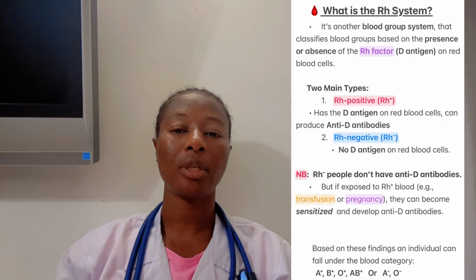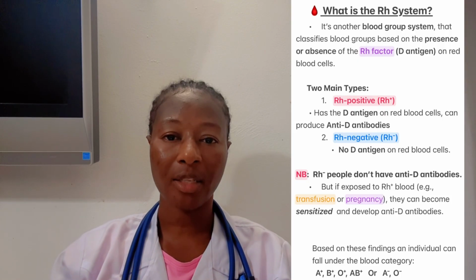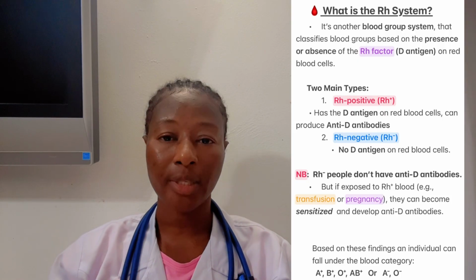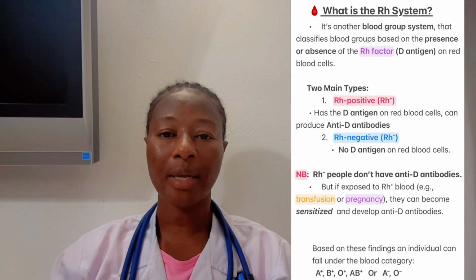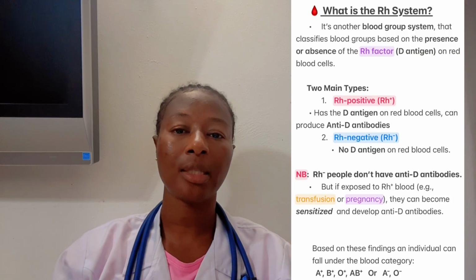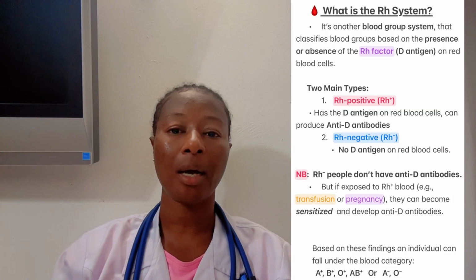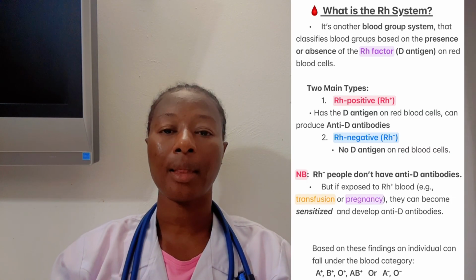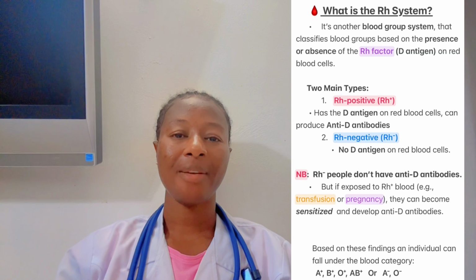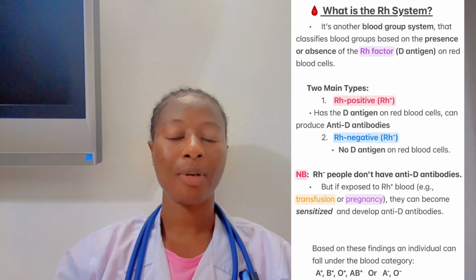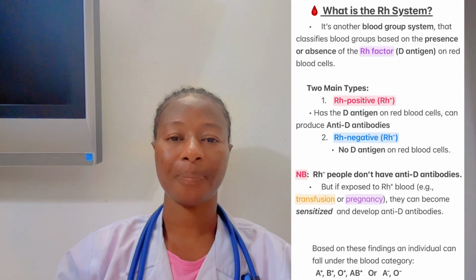So if you are Rh negative and sensitized with Rh positive blood, your immune system will produce anti-D antibodies. And the next time there is another Rh positive blood coming into contact with your blood, there will be a reaction. I believe the next time you hear blood group A positive or B positive or O negative, you will have a brief idea of what that is.